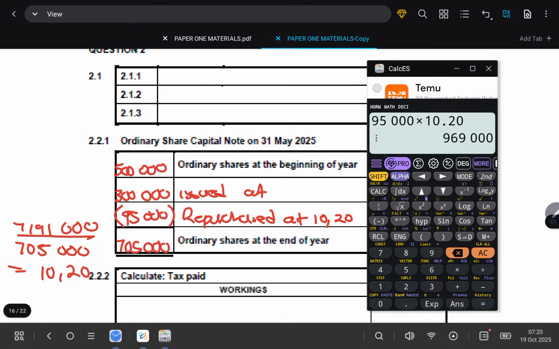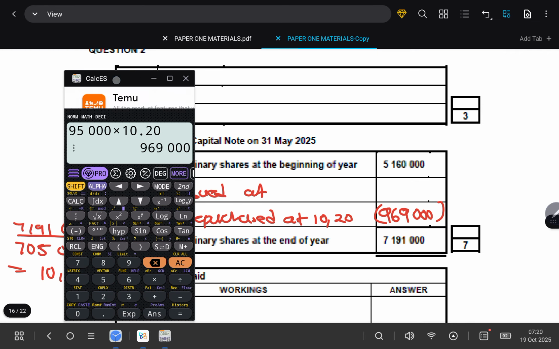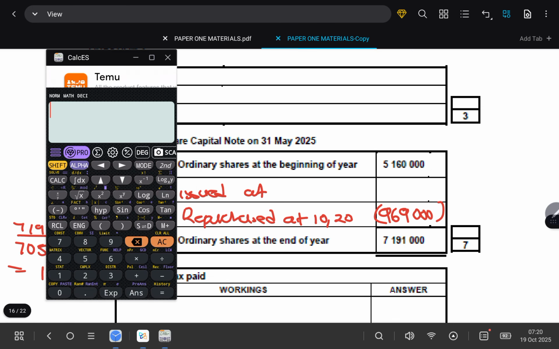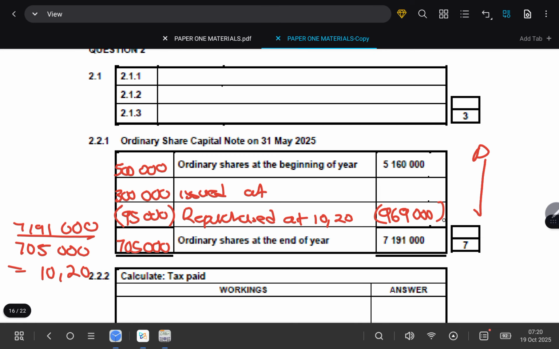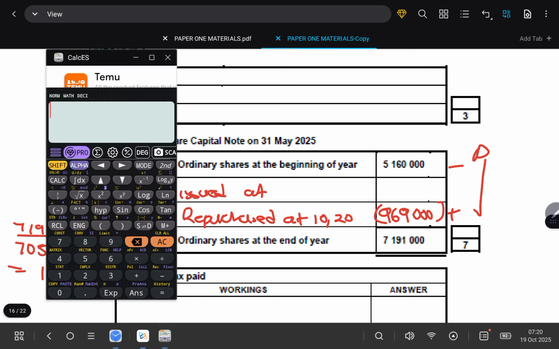To get our issued amount in terms of money, we work from the bottom and go up, so we change the signs. This will become positive, this will become minus, so that we can get what we want.